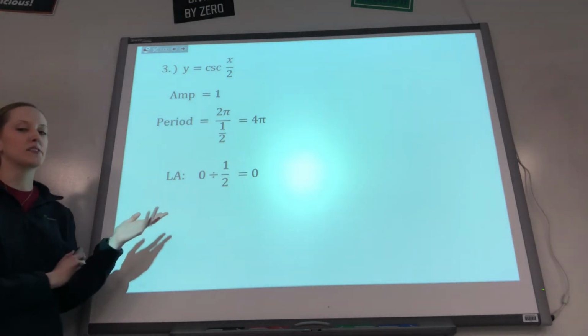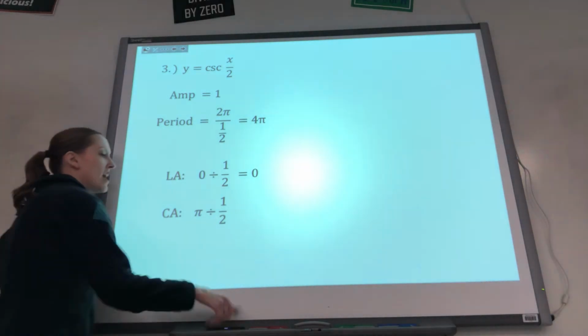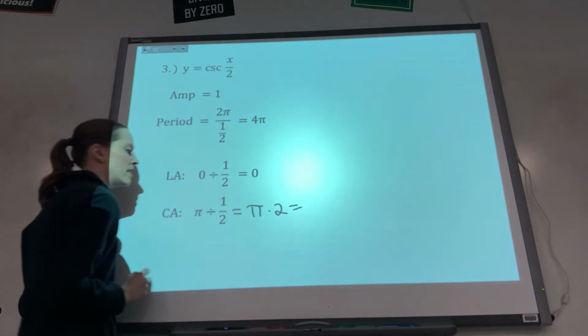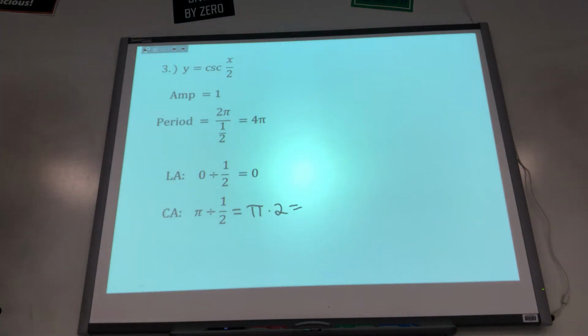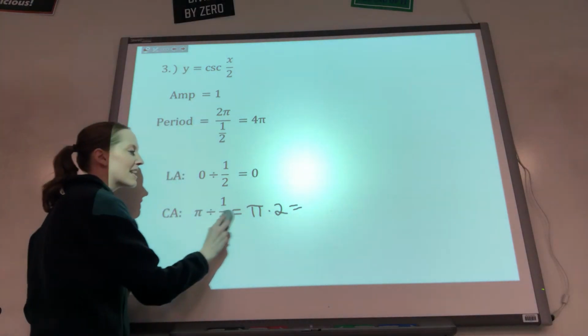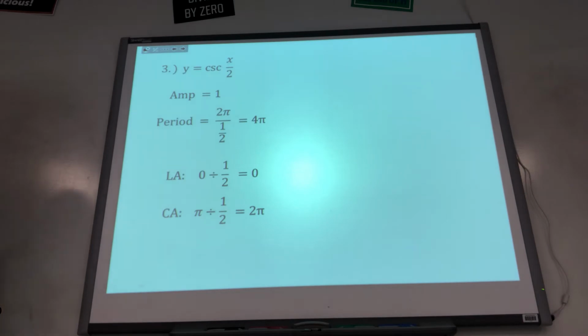Now, center asymptote, where was that for cosecant? Yes, pi. So take that divided by 1/2, and you might need a keep, change, flip right here. Keep the pi, change it to multiply, flip over that fraction. You end up taking pi times 2, which is 2 pi.